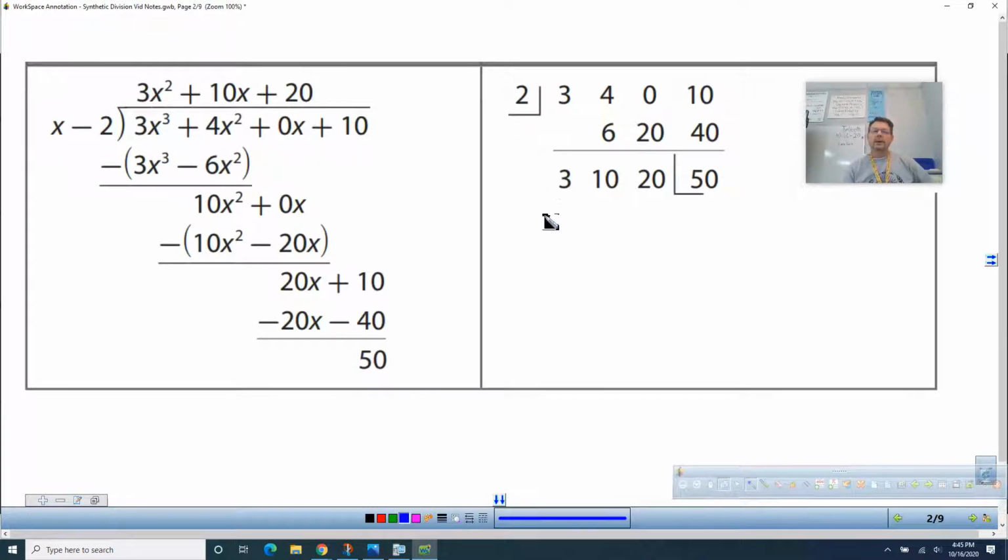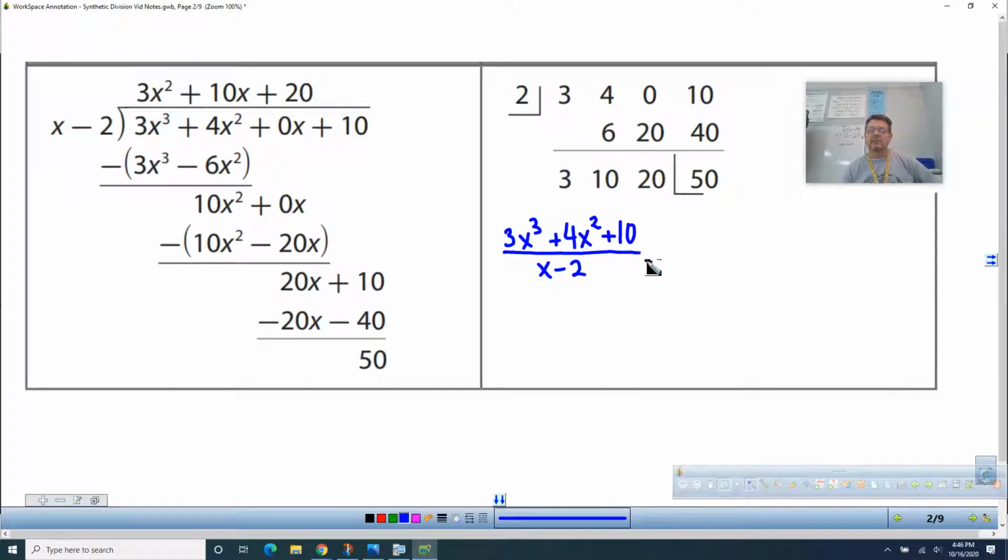So one way I could express this would be to take the dividend, okay, over the divisor. So that'd be 3x cubed plus 4x squared. I don't have an x term, and when I'm doing it this way, I can skip that and just write plus 10 over, or divided by, x minus 2.